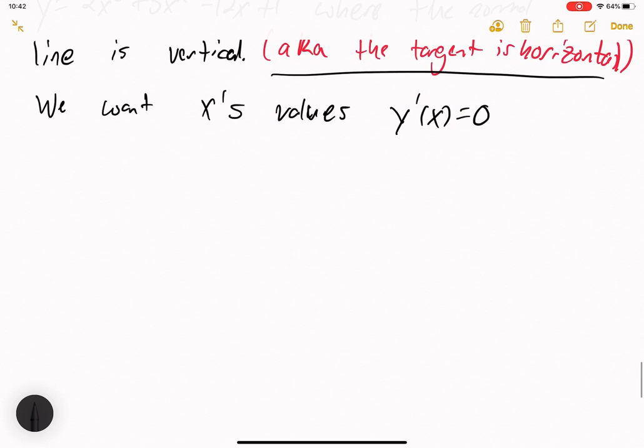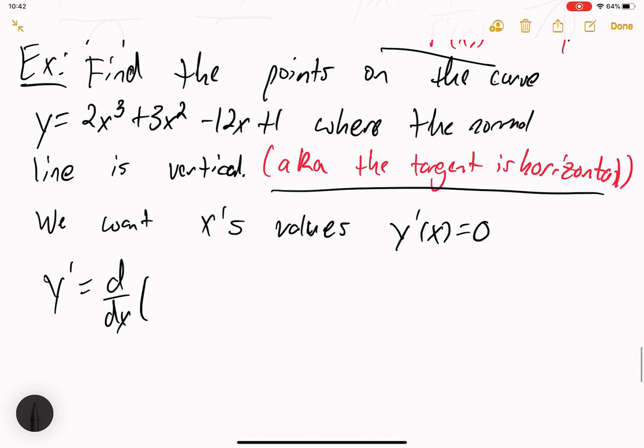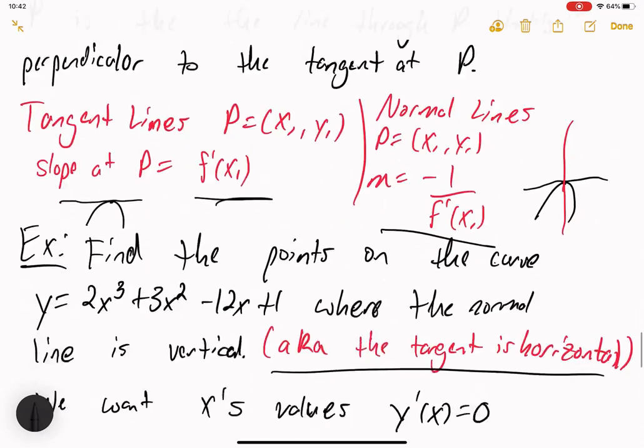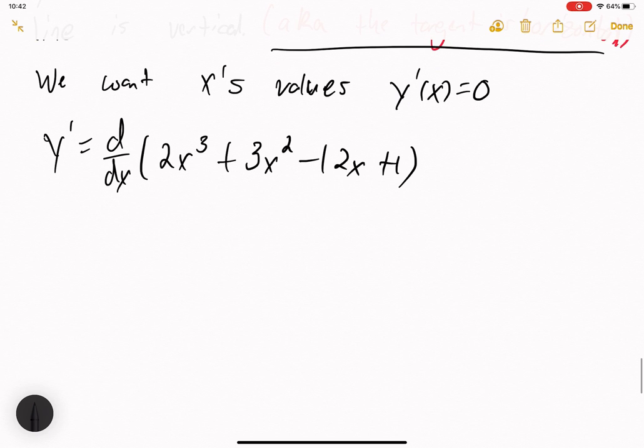So let's go ahead and find the derivative now. So we had y prime is equal to d/dx of 2x cubed plus 3x squared minus 12x plus 1. And then keeping track of what I did before, but instead of having to write everything, I'm just going to take the derivatives all at once.